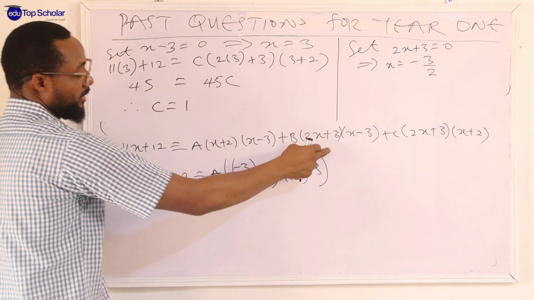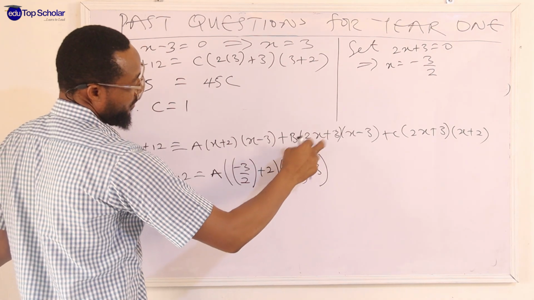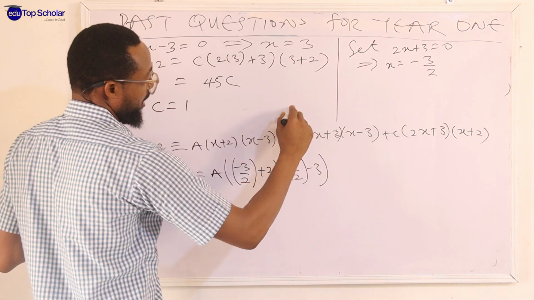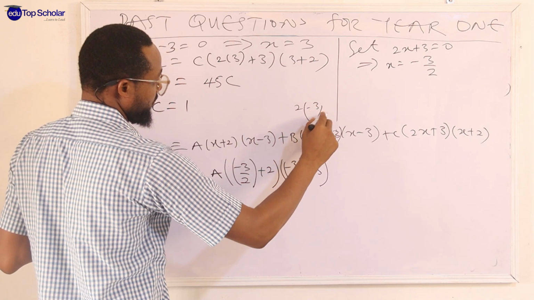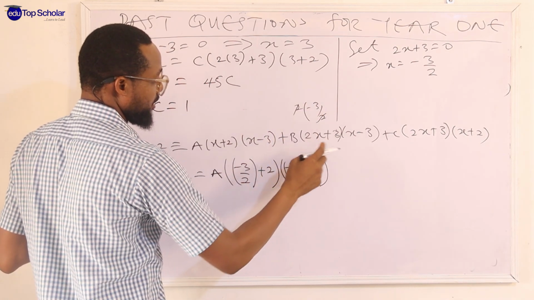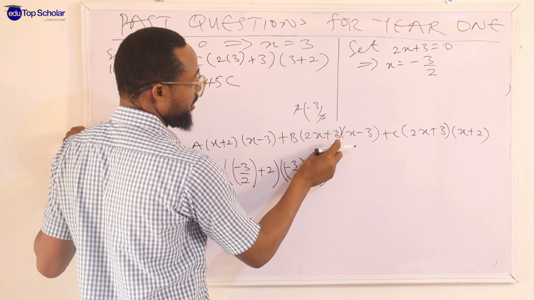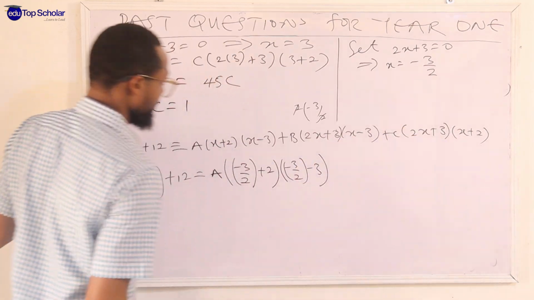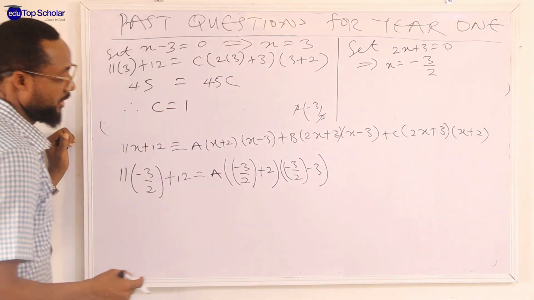If I put minus 3 over 2 here, we have 2 into minus 3 over 2. This will go, so minus 3 plus 3 will be 0. Since this one will be 0, B will be 0, and C will be 0 as well. So we consider only this.